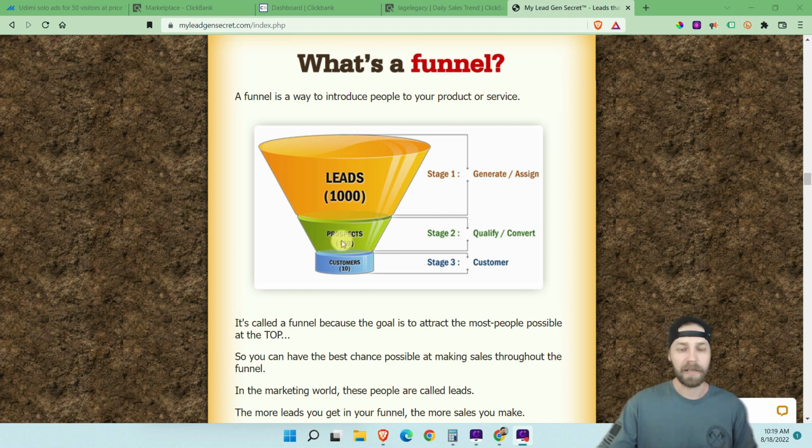The prospect level is usually when they're introduced to a capture page where they can put in their name and email address, or just the email address alone. After they do that, they are presented with the offer, and they have the potential to become a customer.